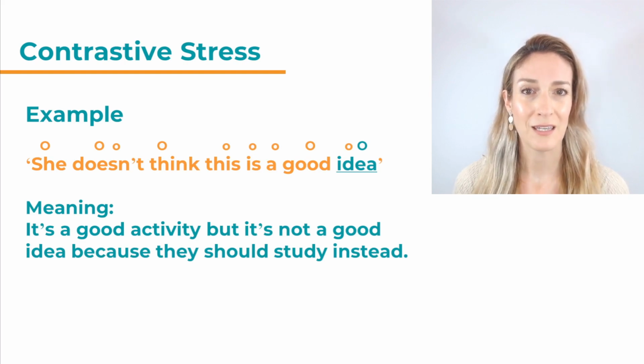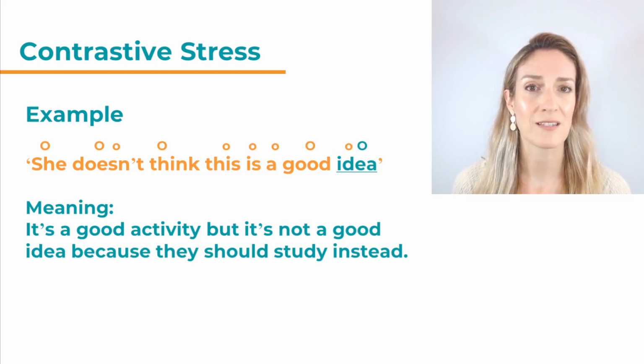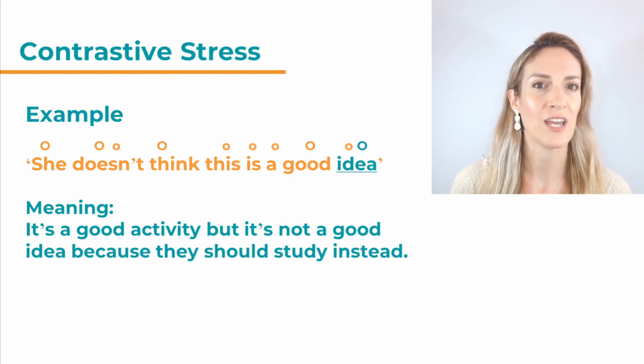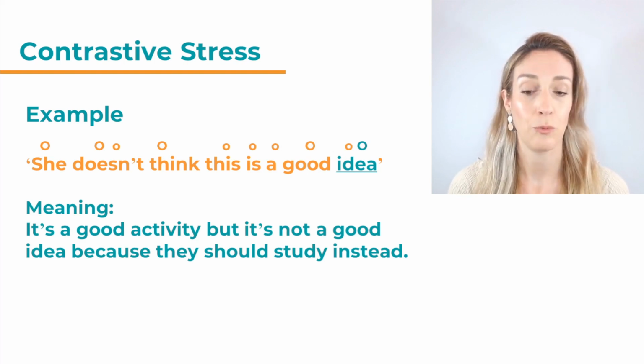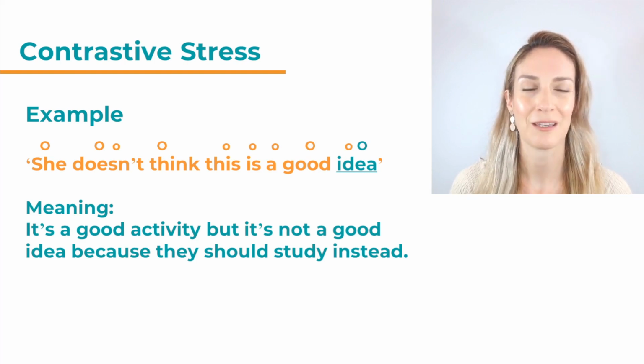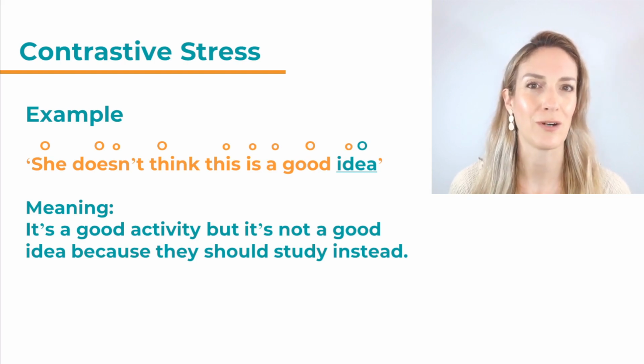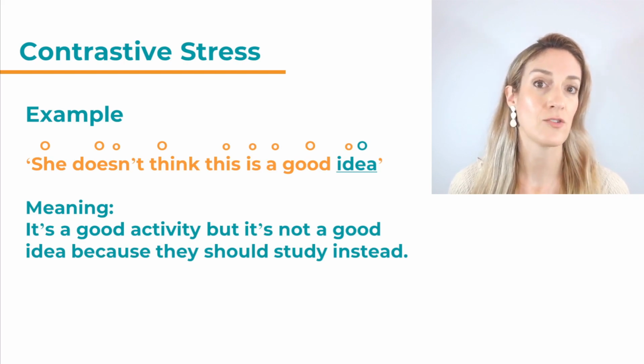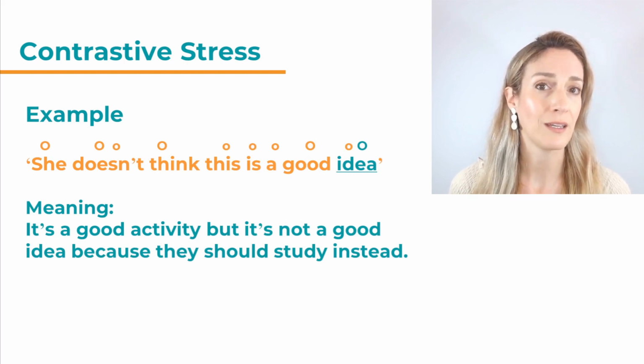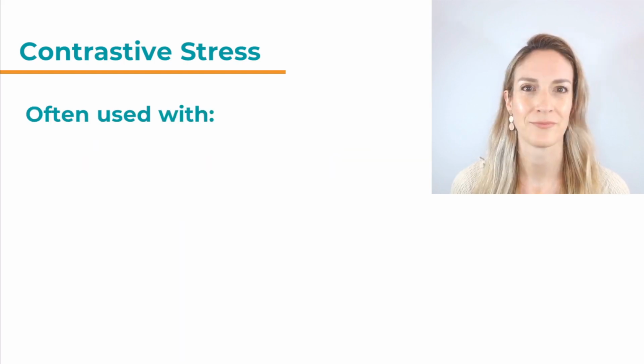So you can see we've changed the stress from one word to the next, and the meaning changed alongside. But we didn't change anything in the word order or the grammar at all. So you can use contrastive stress to change the meaning of your sentence.